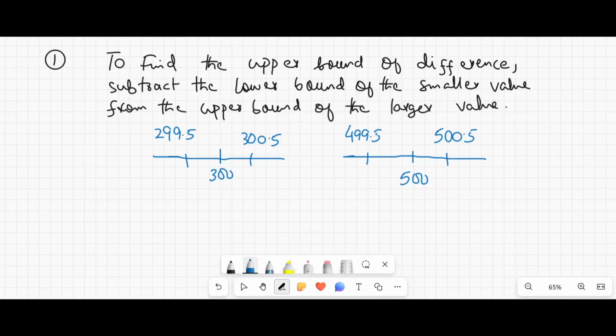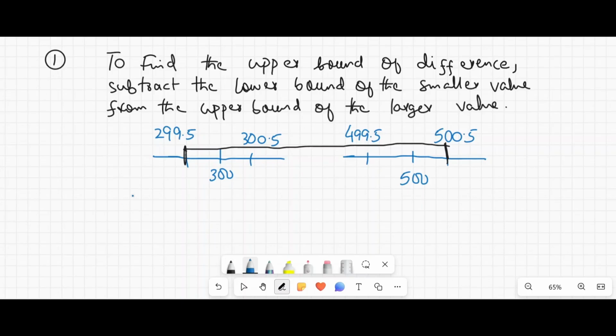So while finding the upper bound of a difference, subtract the lower bound of the smaller value from the upper bound of the larger. This is the lower bound of the smaller, and this is the upper bound of the smaller. So the upper bound of a difference is like a large distance.